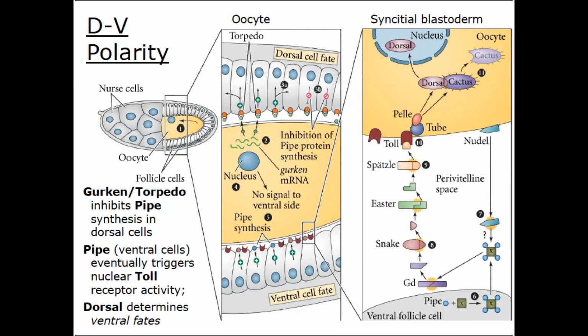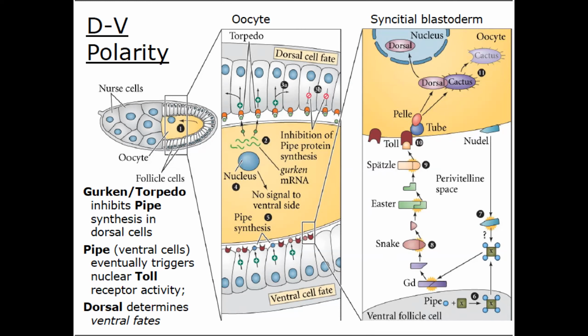So the ventral follicular cells will synthesize pipe. What pipe does is sulfate some proteins present in the ventral follicular cells.